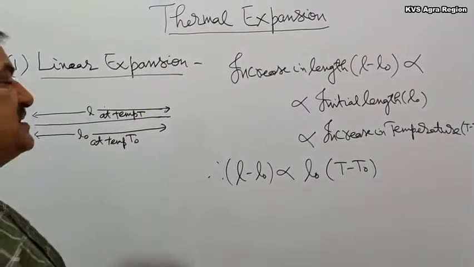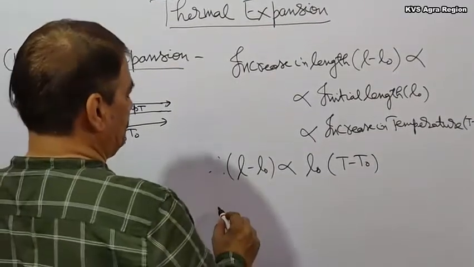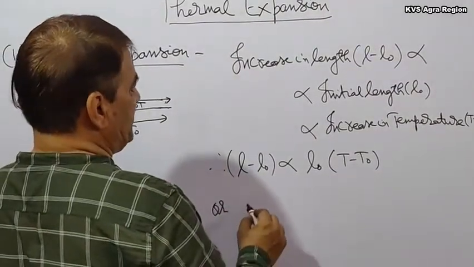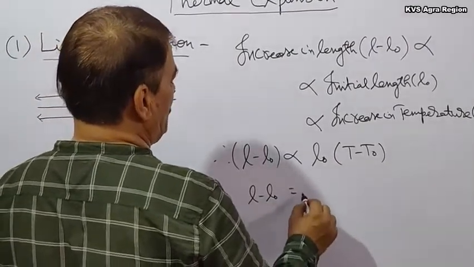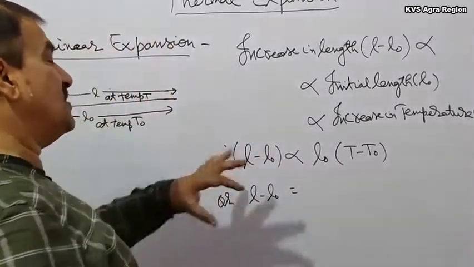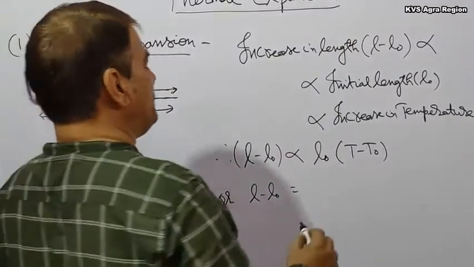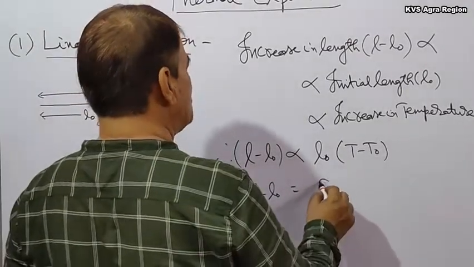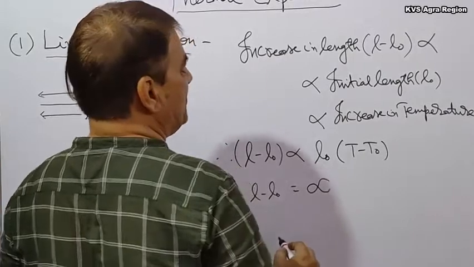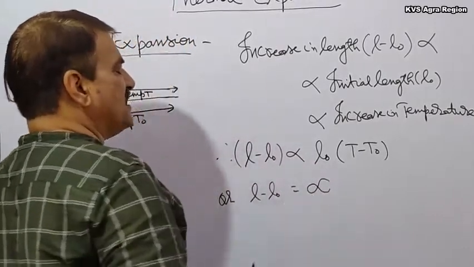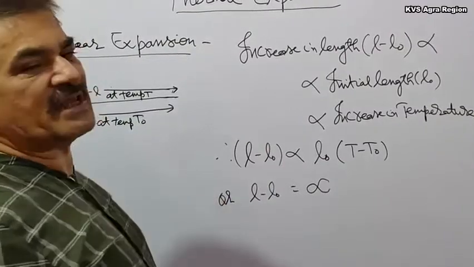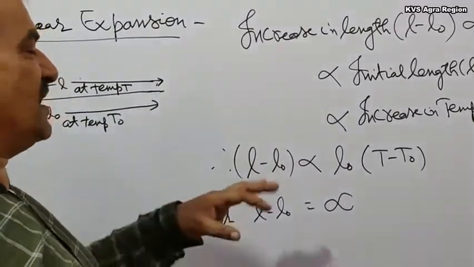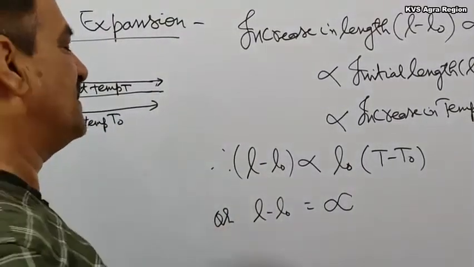In order to replace the sign of proportionality by equality, we introduce a constant, and this constant of proportionality is alpha. This symbol of alpha is somewhat similar to the symbol that we use for the proportionality sign.